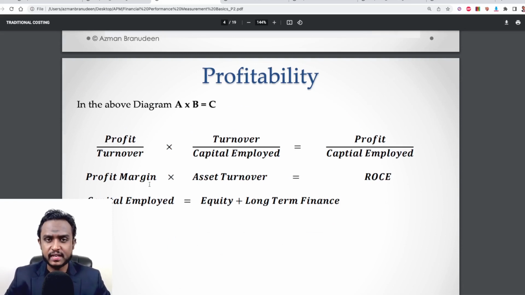So if you want, you can break down your ROI into profit margin and look at profitability, and you can break it down into asset turnover and look at a mix of profitability and efficiency. Your asset base: how much are you generating in revenue for your assets? That opportunity is there, which is quite common, and a breakdown that is generally looked at.